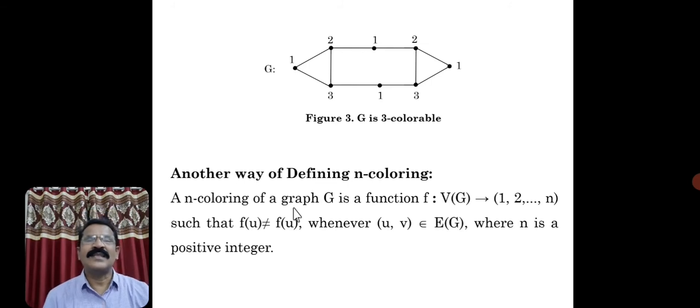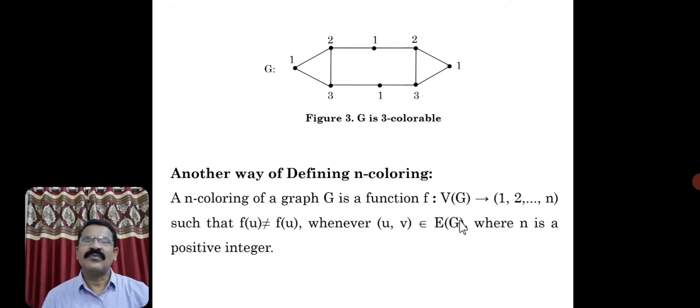Okay, so now the same n coloring of a graph we can define in another way. So how? An n coloring of a graph G is a function f from the vertex set of the graph to the positive integers, because we are coloring the vertices by the colors.